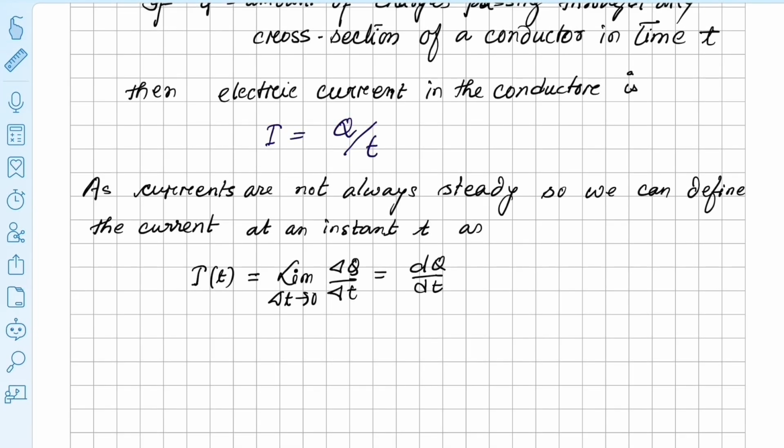So I hope you know this, the differential coefficient. When you write limit del t tends to 0, del q by del t, which is nothing but dq by dt.